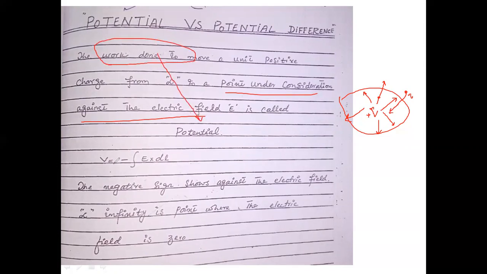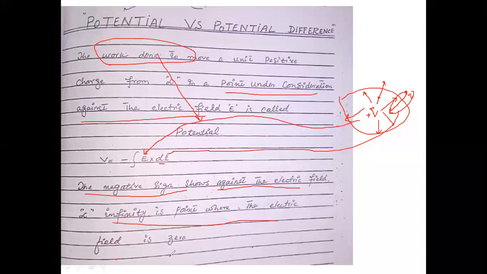So V is equal to minus integral E dl. This E is the field of the source charge, the electric field intensity. L is the length I have covered from here to here. And this minus shows against the electric field. The negative sign shows that the work has been done against the electric field by taking the test charge from infinity to the point of observation.